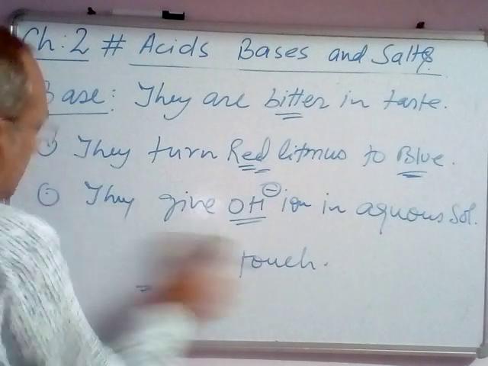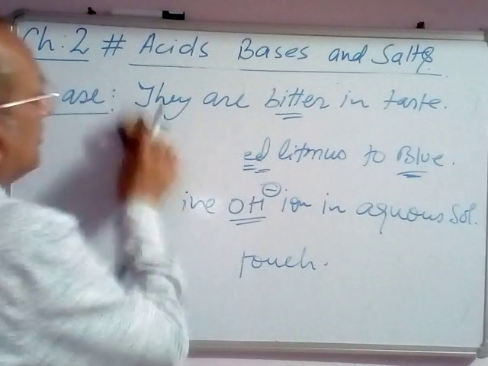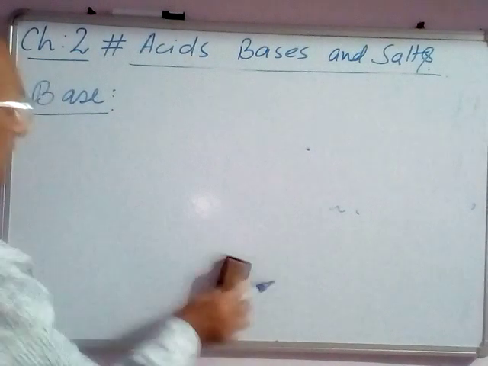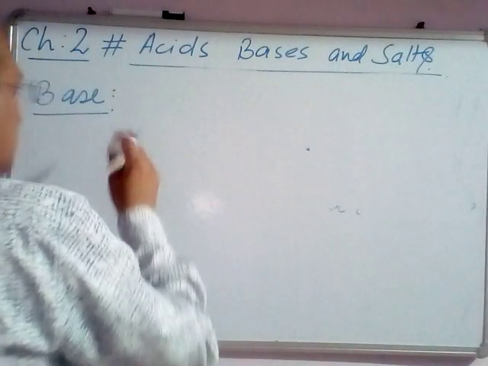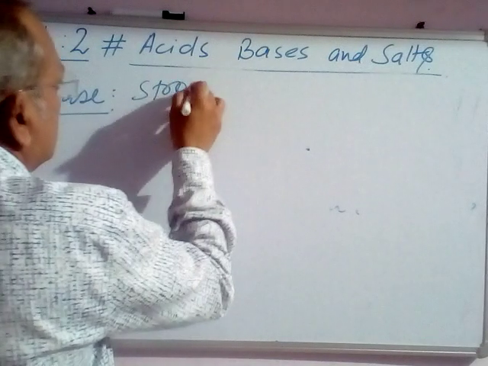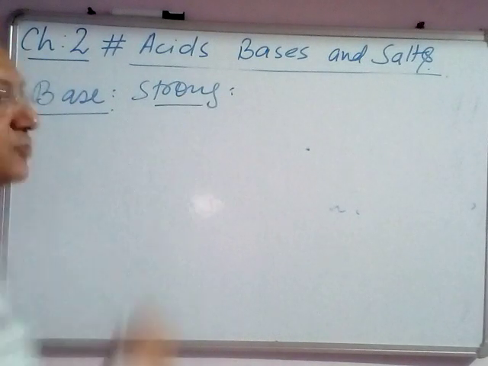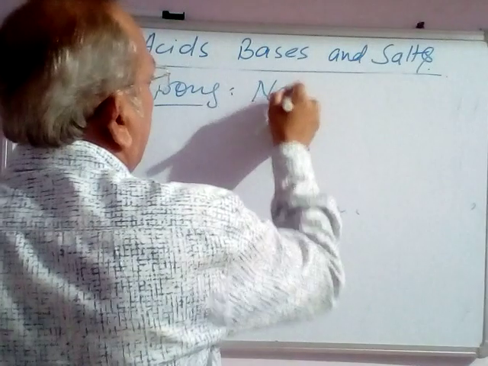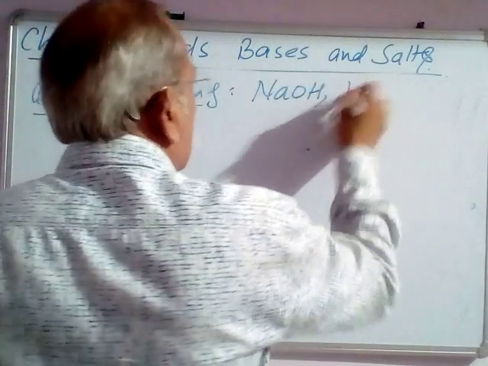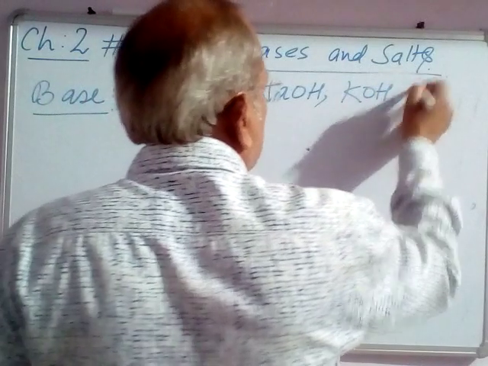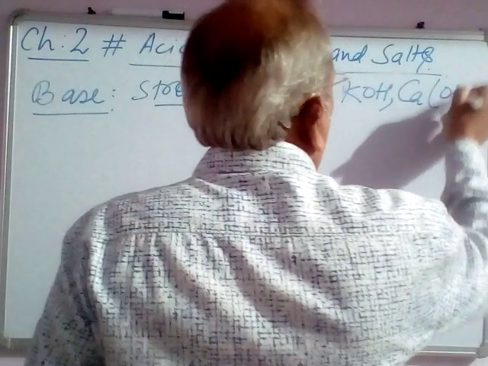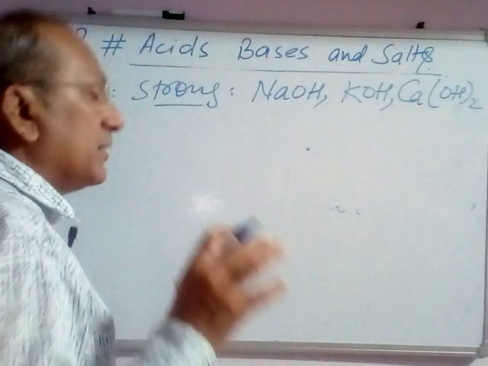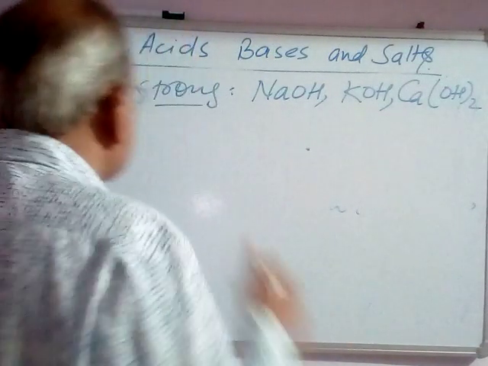So now we are going to take examples. Strong bases are NaOH, KOH, Ca(OH)2. These are strong bases. Why do we call it a strong base?